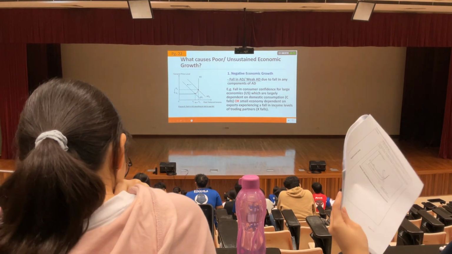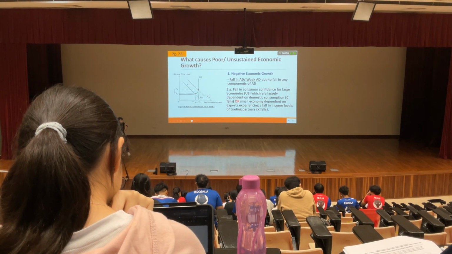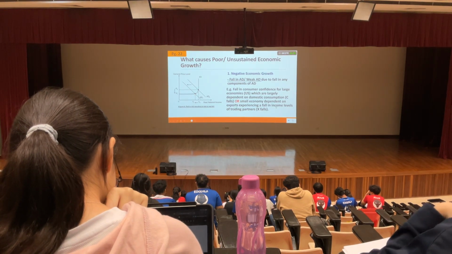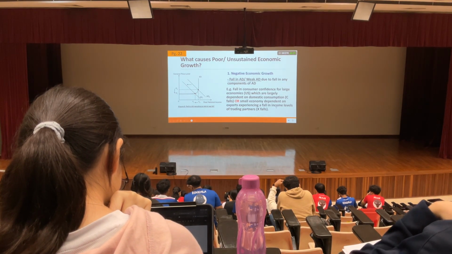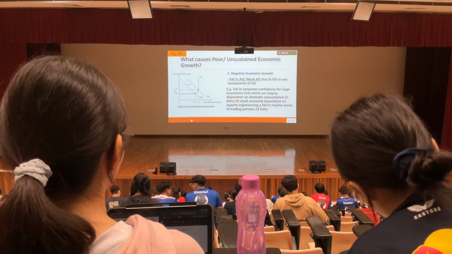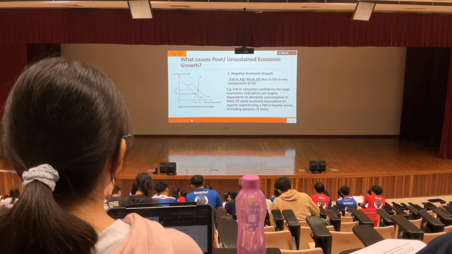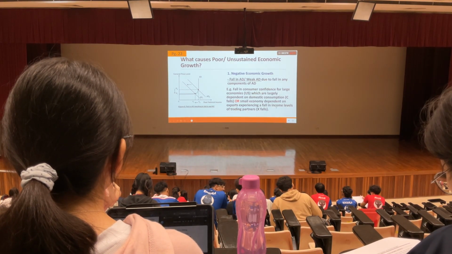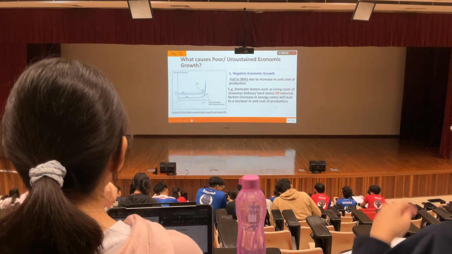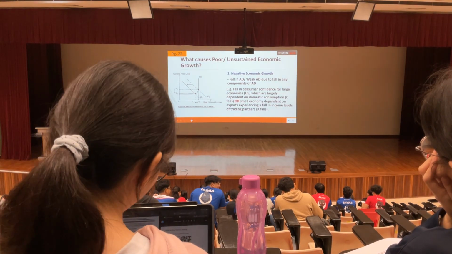For example, if there's a fall in consumers' confidence for large economies like the US, which are largely dependent on their domestic consumption expenditure, their C, or a small economy like us, Singapore, where exports is our main component of our AD, then if your X falls or your C falls, this leads to a fall in AD.